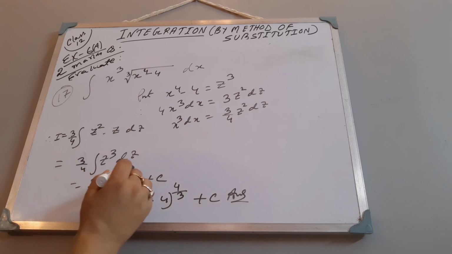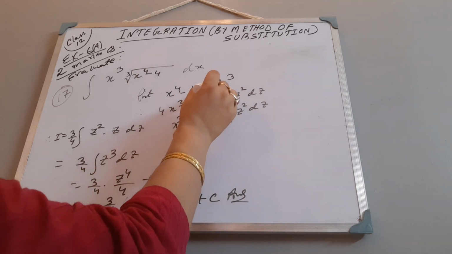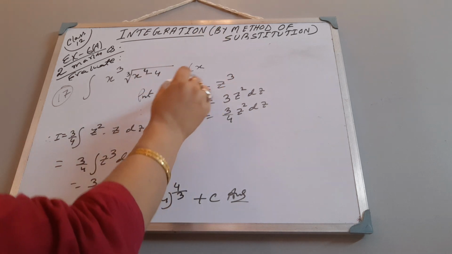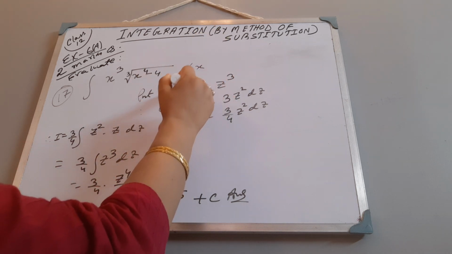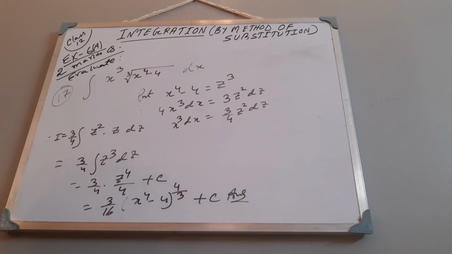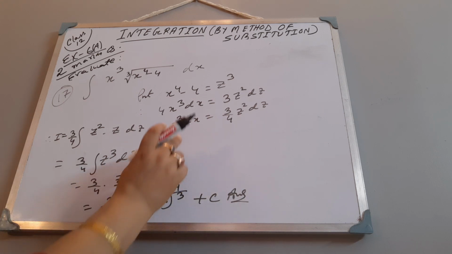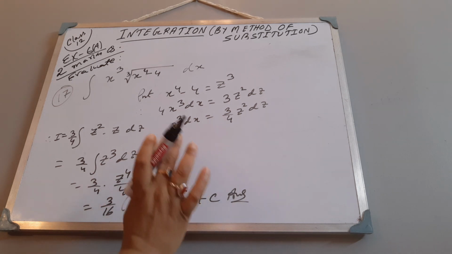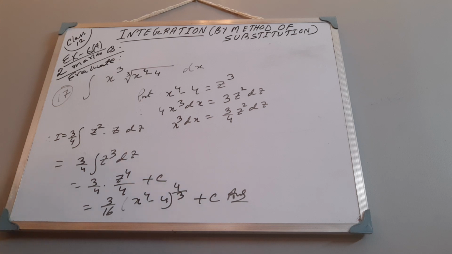Since it is z to the power 4, and z cube is x to the power 4 minus 4, z is x to the power 4 minus 4 to the cubic root. Cubic root means the term x to the power 4 minus 4 whole to the power 1/3. And this total whole to the power 4, so it is coming power 4/3.